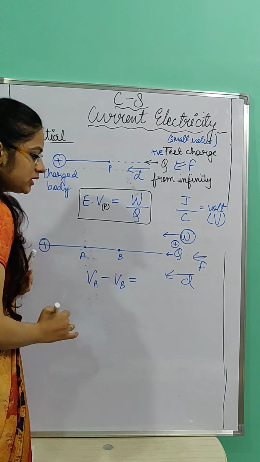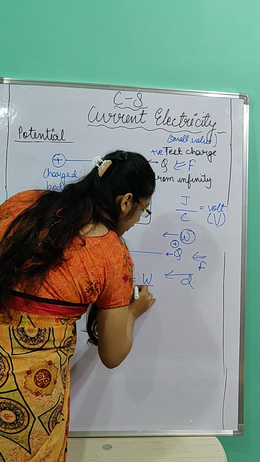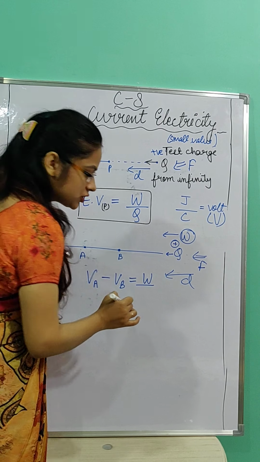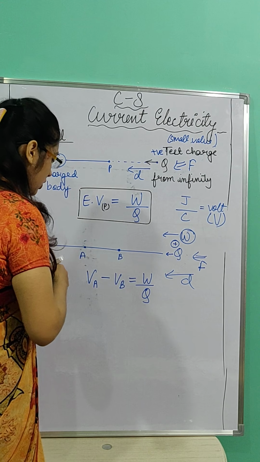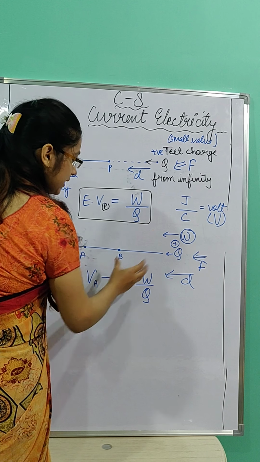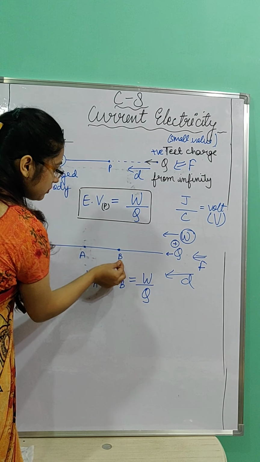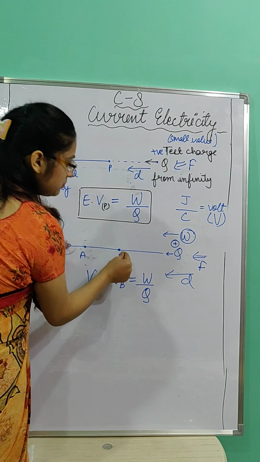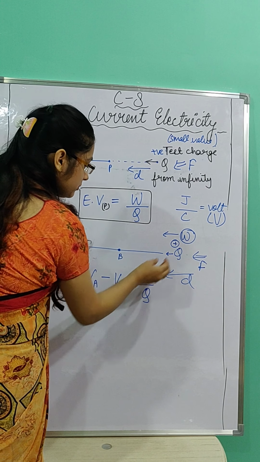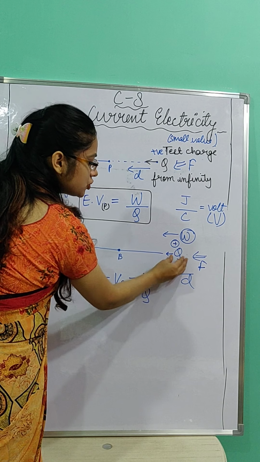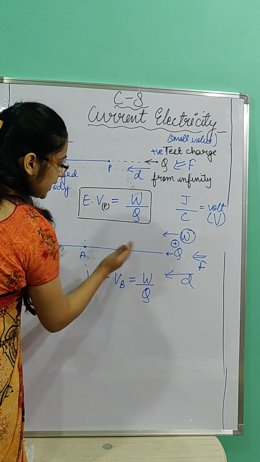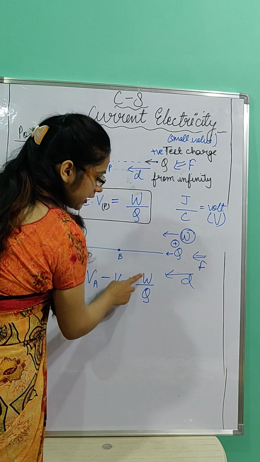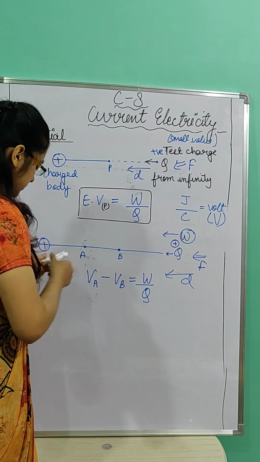That will be given by the work done on the test charge divided by the amount of test charge. So again you can tell here that the difference between the electric potential of VA and VB will be equal to what? Will be equal to the work done on the test charge moving it from infinity to point A and B, given by W upon Q.